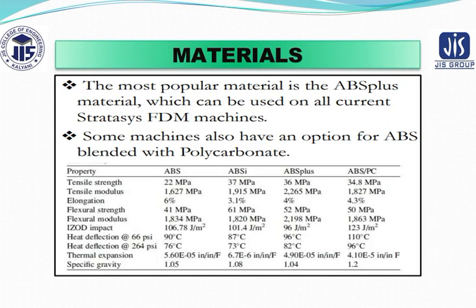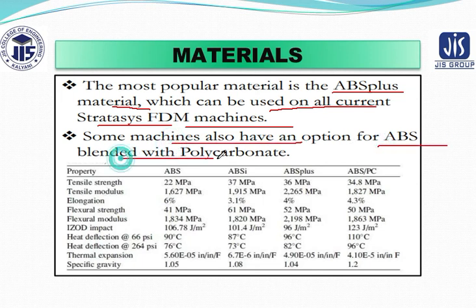Now here we are talking about some materials associated with this particular process. The most popular material is ABS plus, which can be used on all current Stratasys FDM machines, which was first introduced by the USA. Some machines also have an option for ABS blended with polycarbonate.